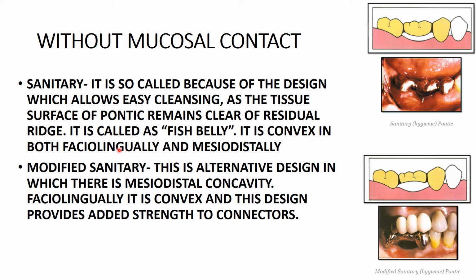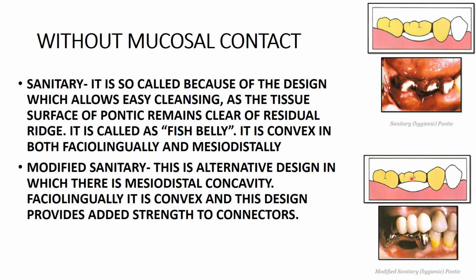So there is this modification which is given. The modification is the modified sanitary. Now this is an alternative design in which there is a mesiodistal concavity. Now we have seen in the sanitary, it is convex both mesiodistally and faciolingually. But now over here you will see that this design is concave mesiodistally.